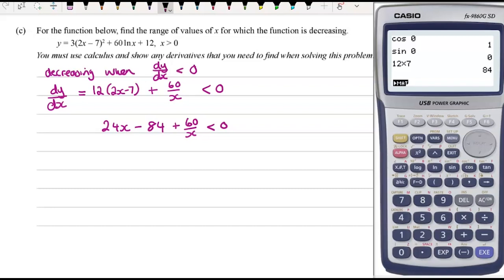Now this is actually a quadratic in disguise. If we multiply everything through by x, we get 24x squared minus 84x plus 60 is less than 0.